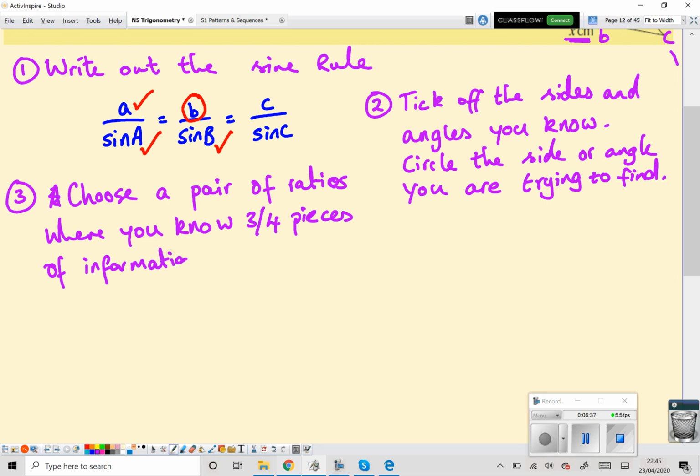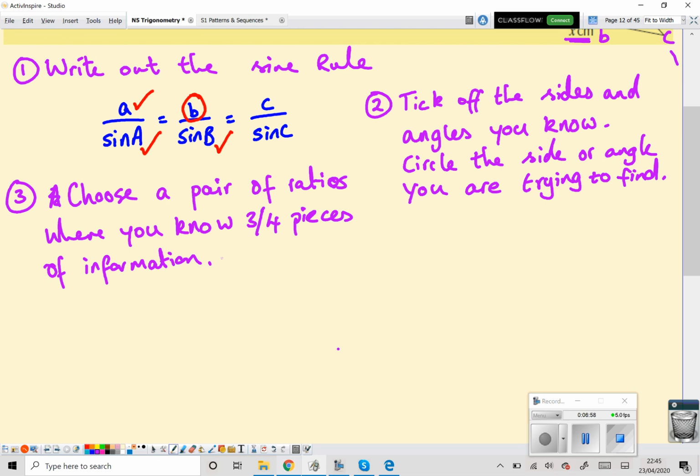That's important because if you choose a pair of ratios where you've only got 2 out of the 4 pieces of information or 1 out of the 4, then you're never going to be able to solve it. You need to only have 1 piece of information missing, otherwise you can't solve it. So choose a pair of ratios where you know 3 out of the 4 pieces of information.